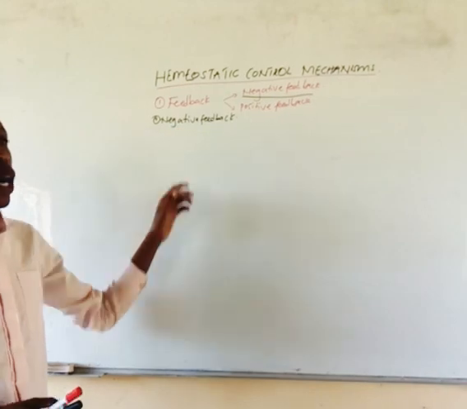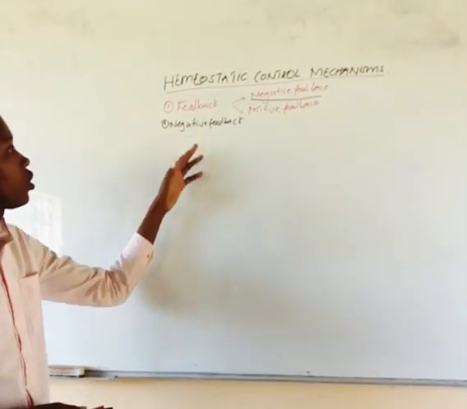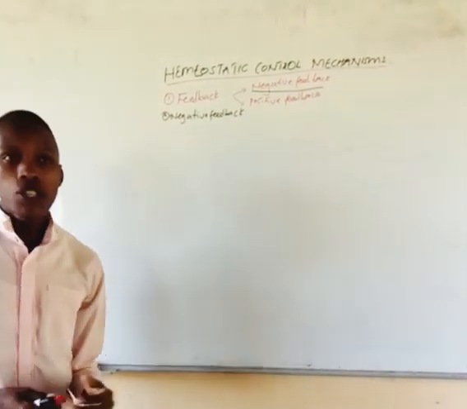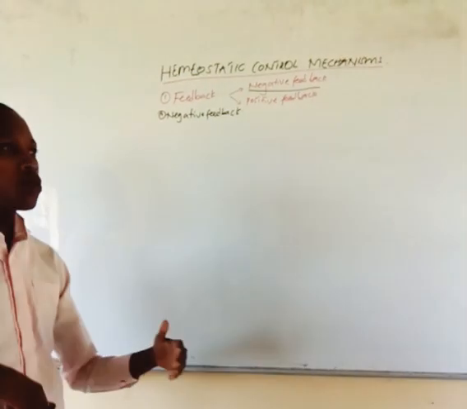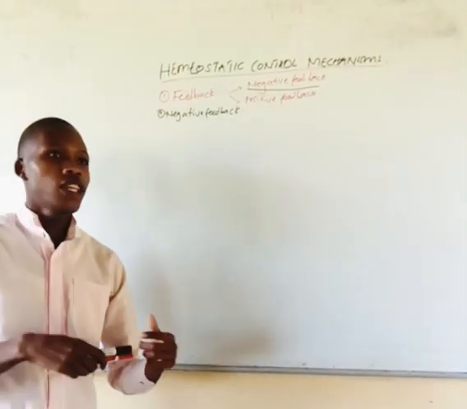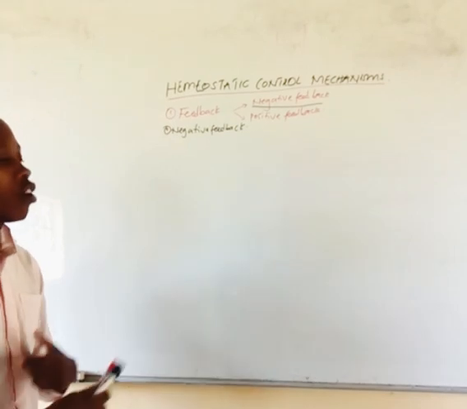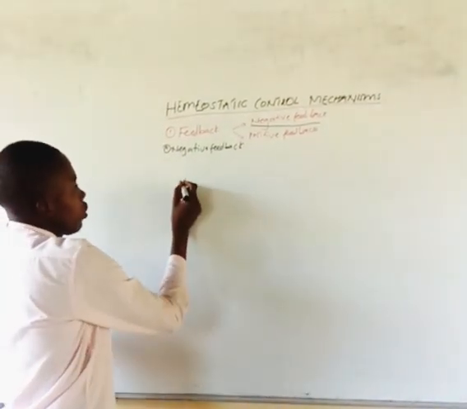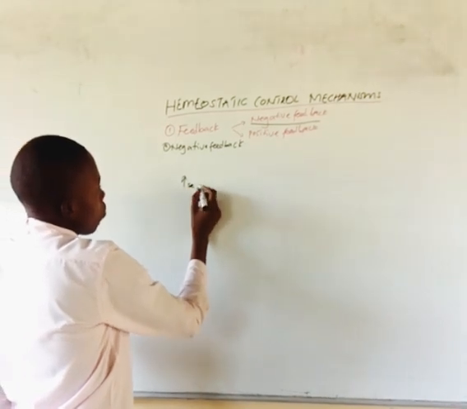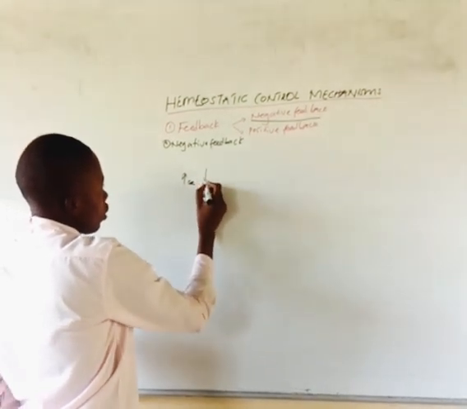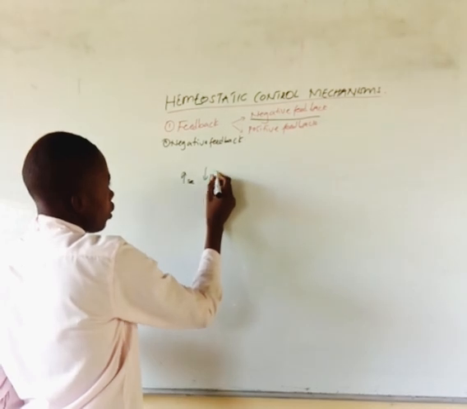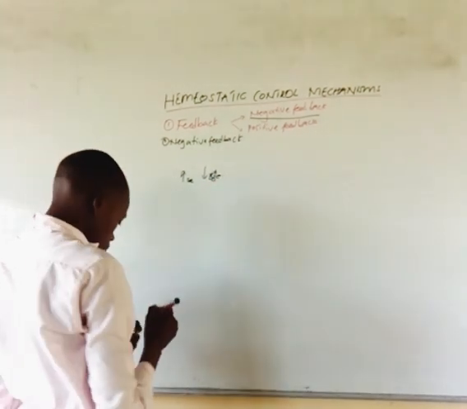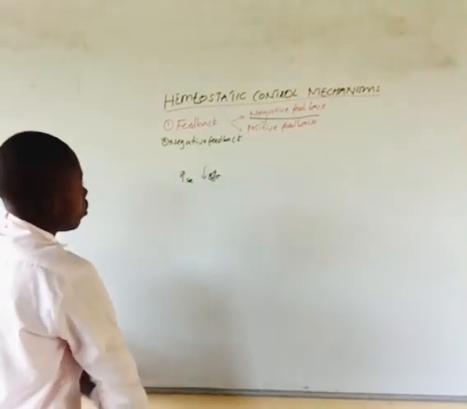So negative feedback simply is a process by which the system responds in the reverse of the change. Assume the change is increasing; by negative feedback, it comes back and decreases.